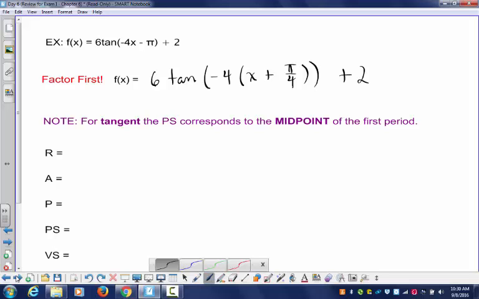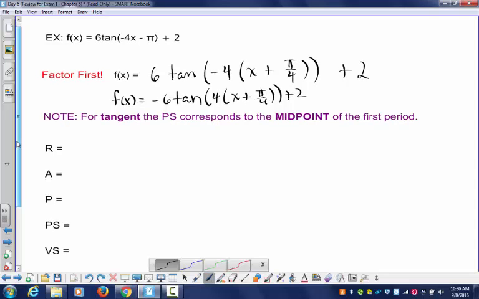The rest are odd, so minuses jump to the front. These minuses have the power to jump from the inside of the function to the outside of the function. There you go. And now you're going to write your 5 characteristics down once you've got that far.